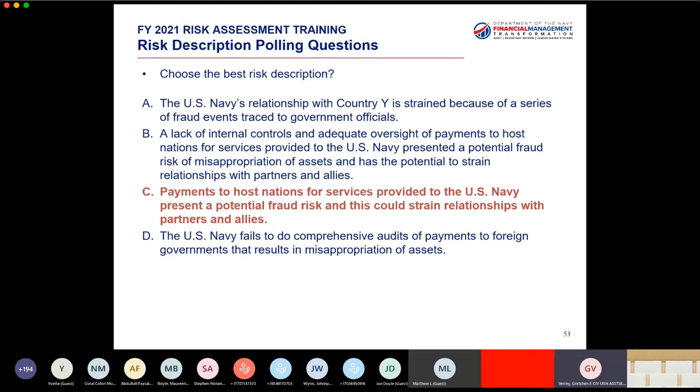Whereas C, payments to host nations for services, it's very clear what the potential condition is and what the result would be, which is why we picked C over B as the right answer. But again, we said choose the best risk description. We understand that an argument could potentially be made for each of these on their own. All right, so let's move on to the next part of the template.